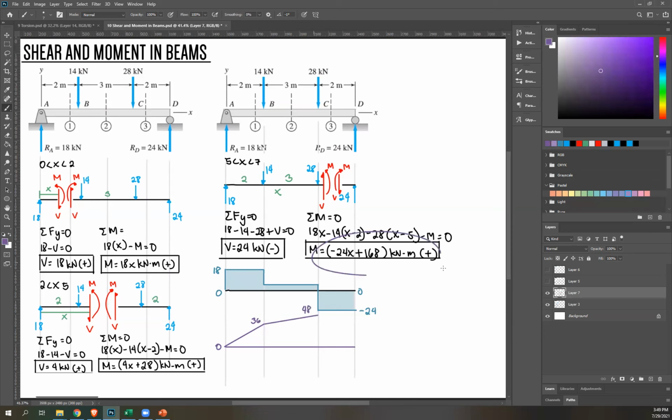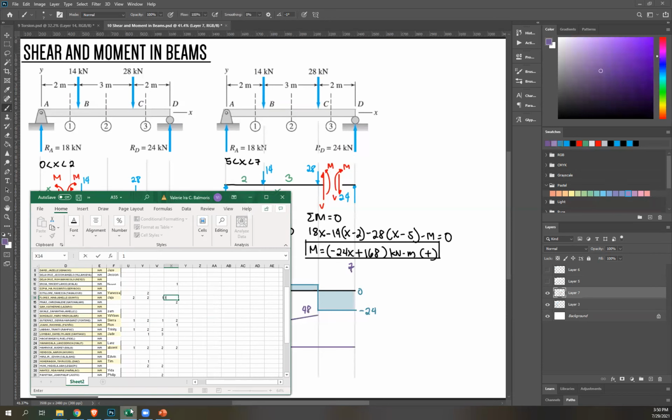Then next, we have this. So again, that's another line. And then to get the value at this point, you're going to sub your total value for x here. So now x from the leftmost side is 2 plus 3 plus 2. That's 7. So please sub 7 here. What's the answer? Negative 24x plus 168. Correct, Trinity? Who else?